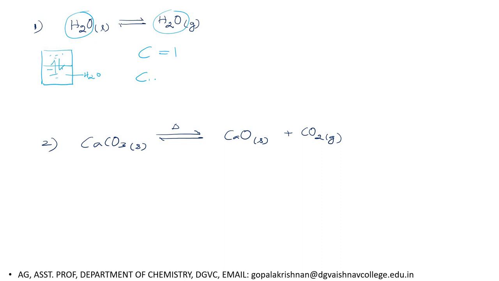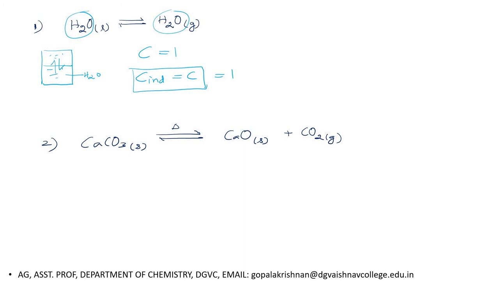Therefore the number of independent constituents, or number of components, is equal to the number of constituents present. So the number of components is 1. I repeat, if there is no chemical equilibrium and no other additional conditions, then the number of constituents is equal to the number of components. Very simple.